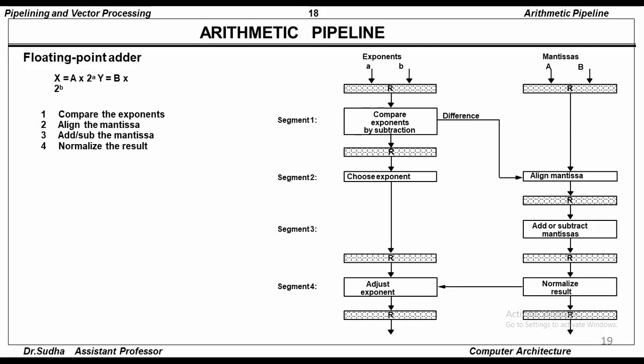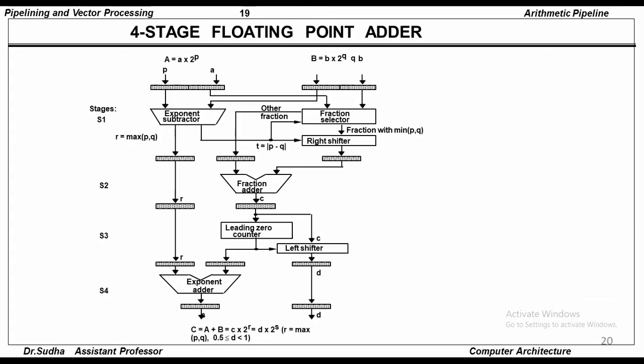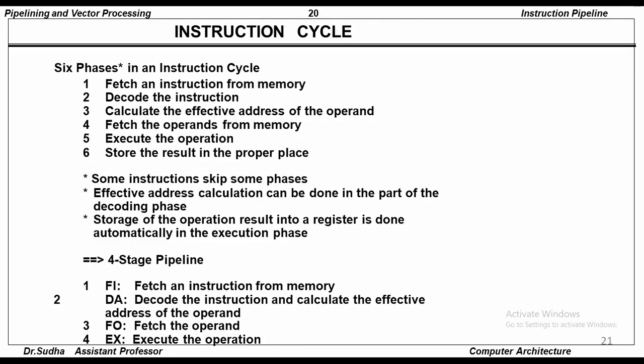After that, add or subtract the mantissas, then store the register value. After that, normalize the result. These are the steps to follow for addition and subtraction.